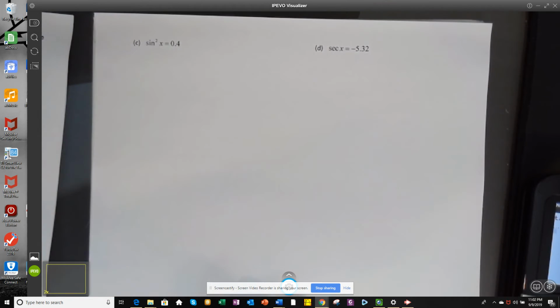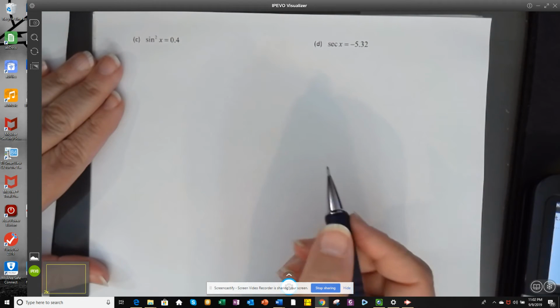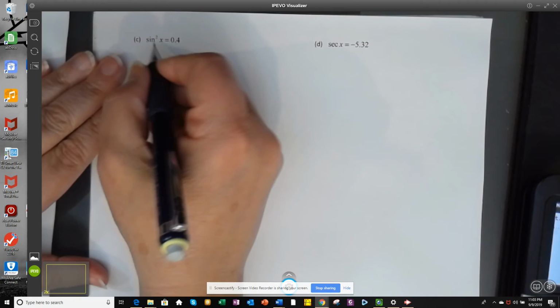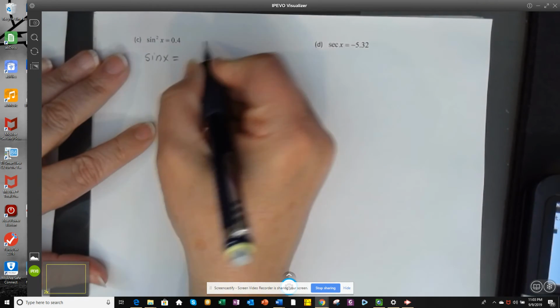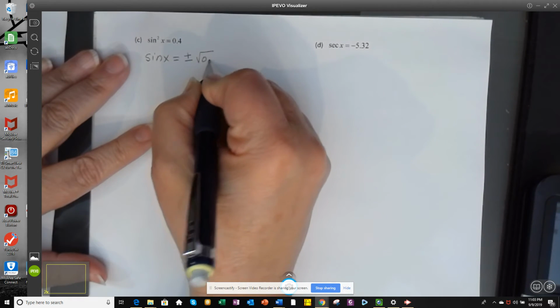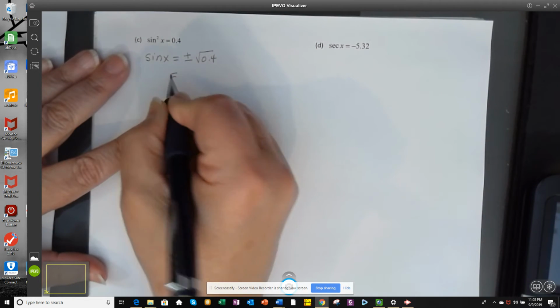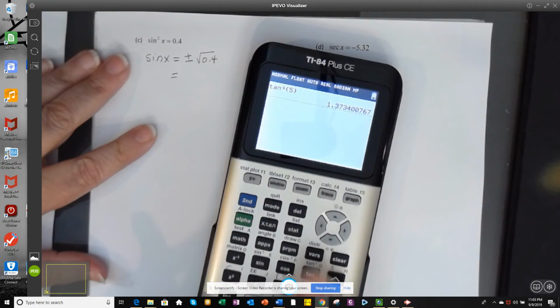All right, what about sine squared x equals 0.4? Well, I'm going to take the square root of both sides here. So we're going to get sine x equals plus or minus the square root of 0.4. Well, what is the square root of 0.4? If you don't know, second square root 0.4.